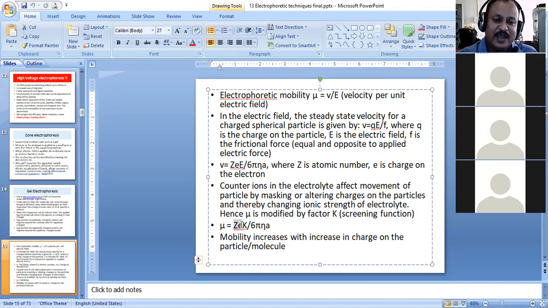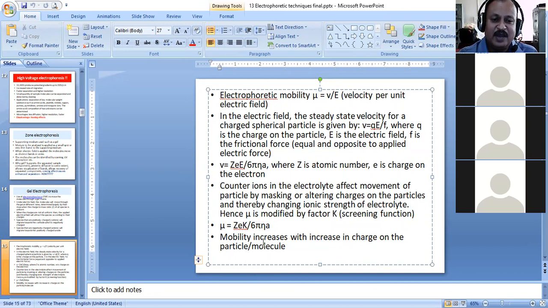Z is the atomic number, and e is the charge on the electron. So together Z and e mean the charge on the particle, that is Q. And instead of writing the term E, we are writing the term K here. K stands for the screening factor, screening function. And then divided by the frictional force again, that is 6 pi eta A.